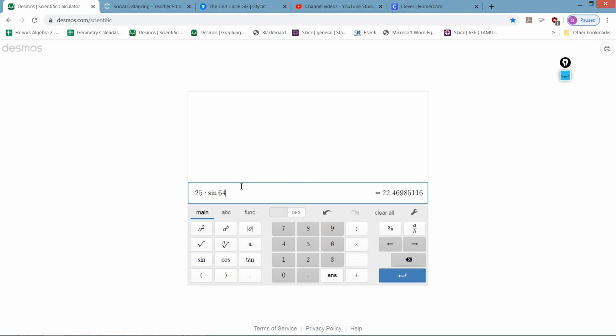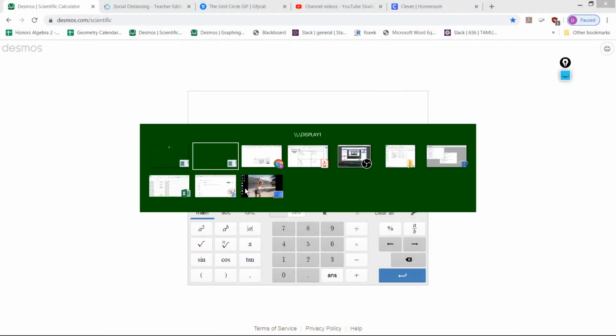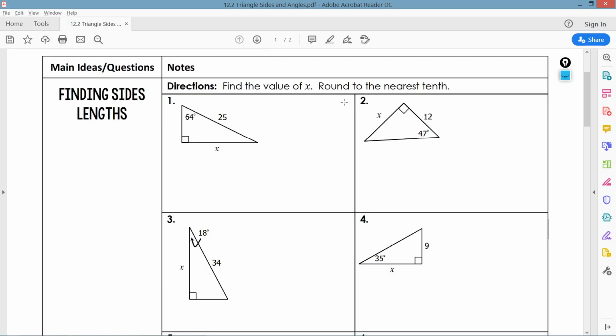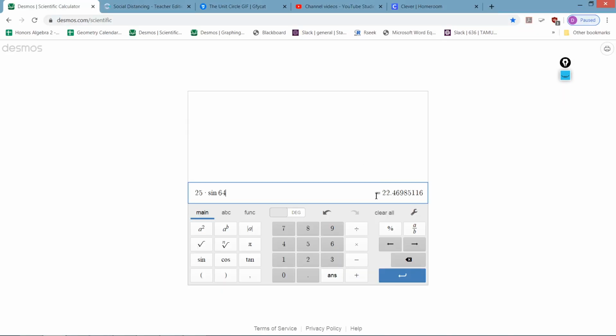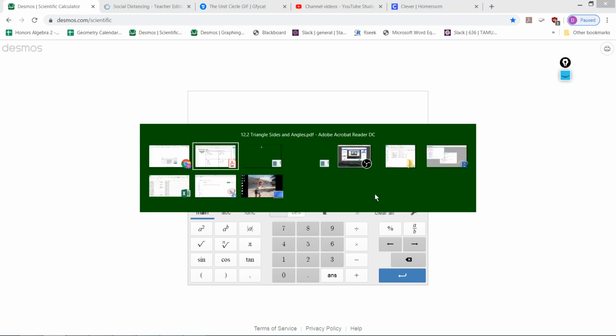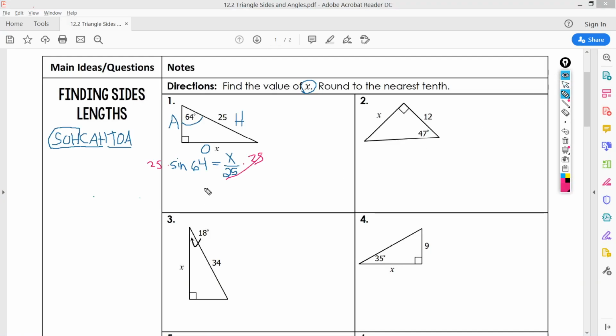There's the answer. 22.46985116. Piece of cake. And that's my answer. So what's the question telling us? Does it say round to the nearest tenth? Okay. So 22.5 is the answer. X equals 22.5. That's it. We're done. Not too bad, right?